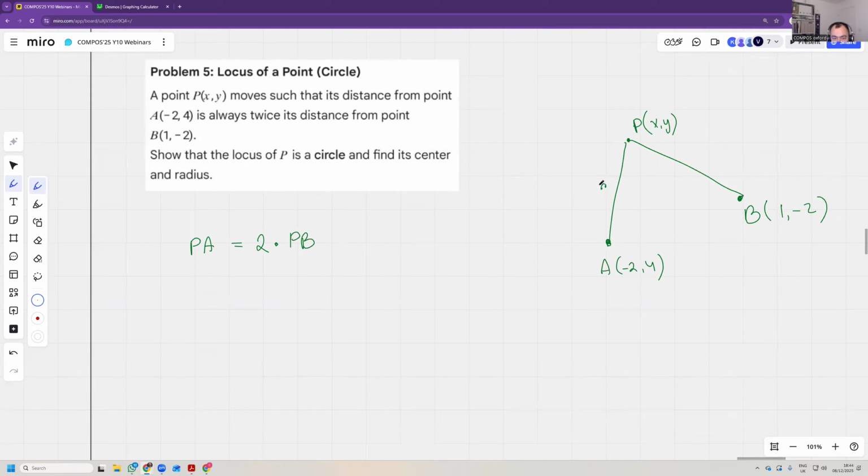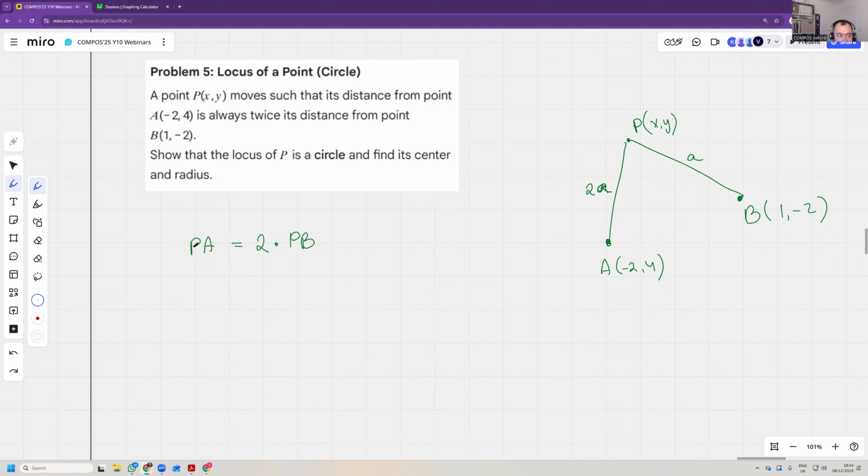If this is A, then this is 2A. So double the distance, and the point P is allowed to move, but keeping that ratio constant. So if it's on the line joining here, then it's somewhere here, and so on.